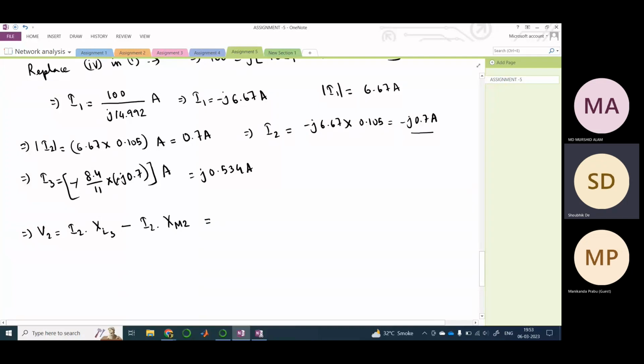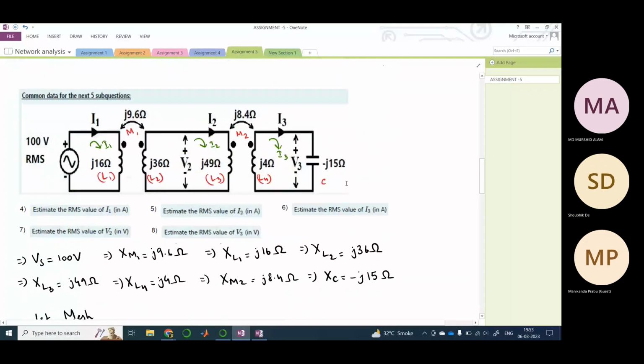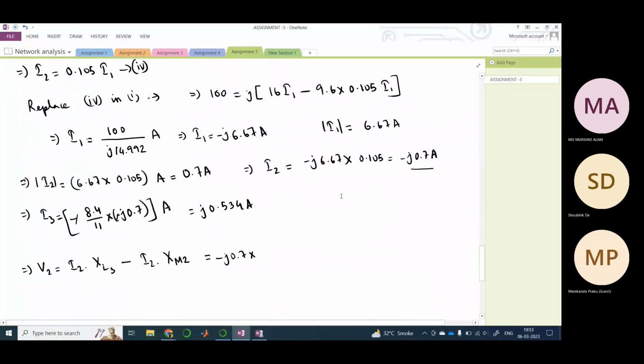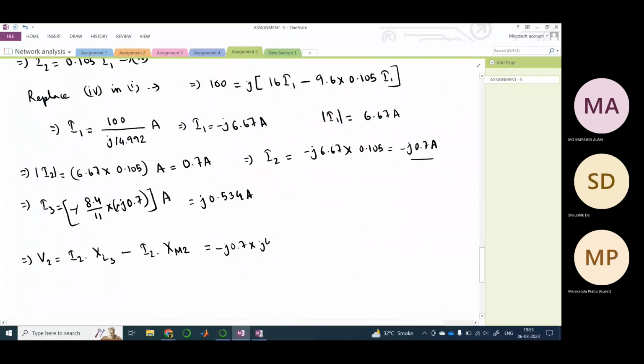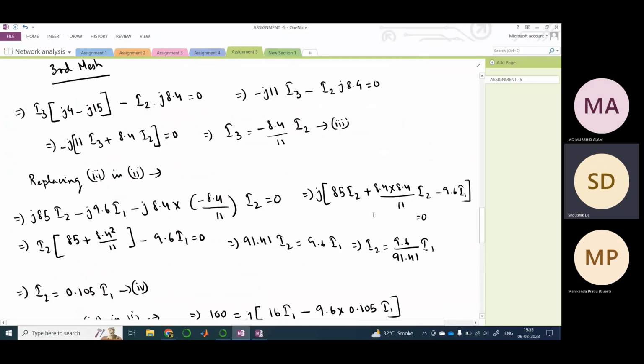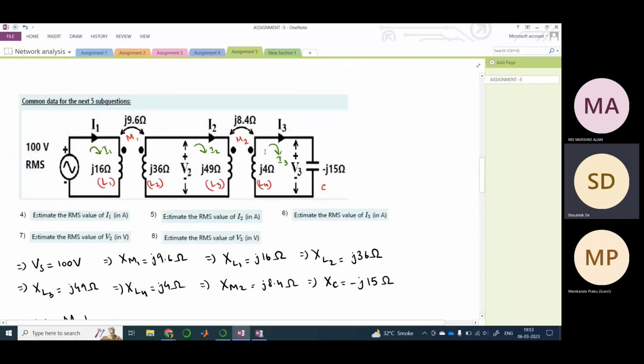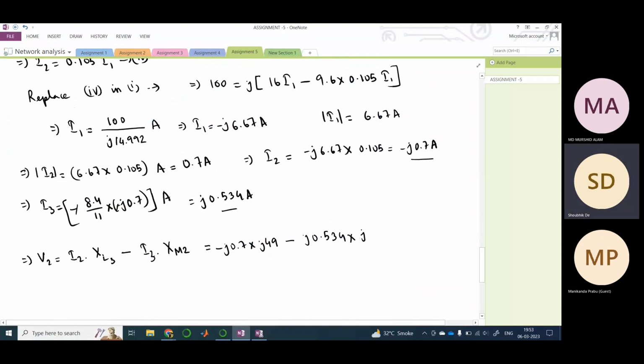I2 was this value, so minus j 0.7 into XL3, which was j40, minus, sorry, this would be I3, and I3 is this, so minus j 0.534 into j 8.4.